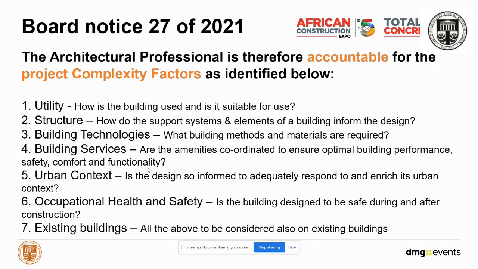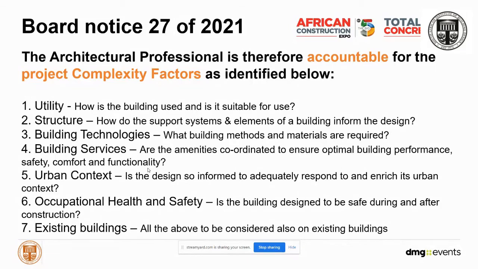Okay, another point that we are responsible for or accountable to is to look at the urban context. Is the design so informed to adequately respond to its environment and to enrich its urban environment? And so we'd have to look at this from a social point of view, an economic point of view, and how the building relates with its spatial surroundings.